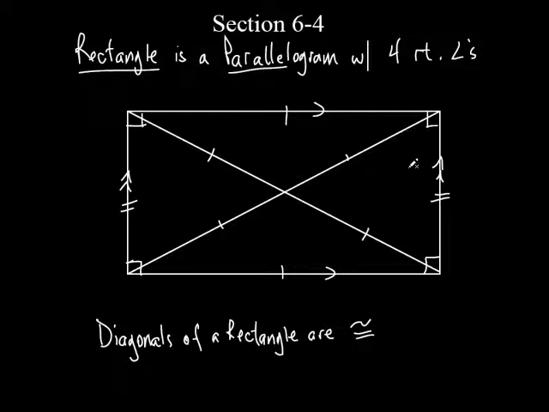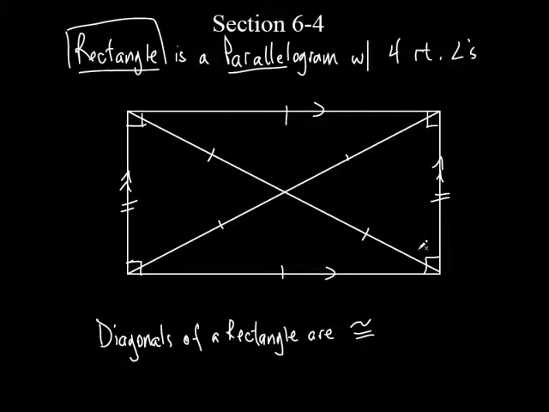Is that true about every parallelogram? No, not at all, okay? On a regular, normal parallelogram, the ones we've been talking about lately, one's going to be longer than the other, okay? But they do bisect each other. But on a rectangle, the diagonals are exactly equal to each other. If I took my ruler and measured this, they would be exactly the same.